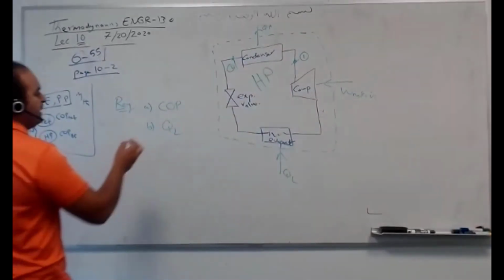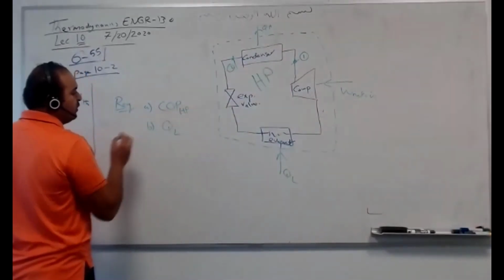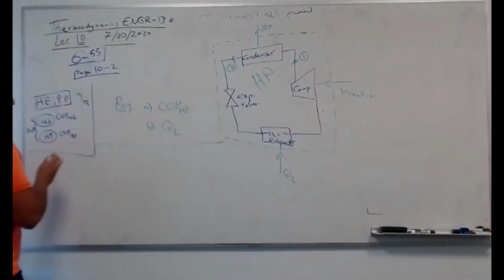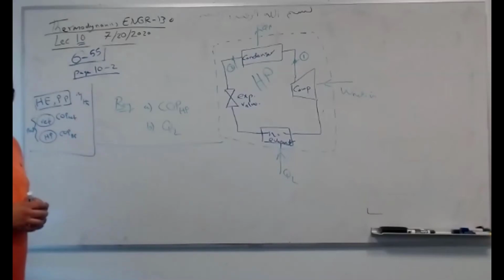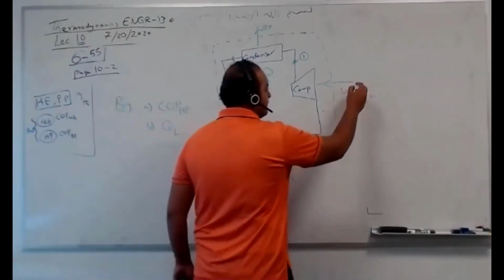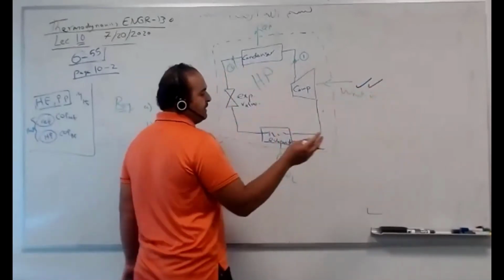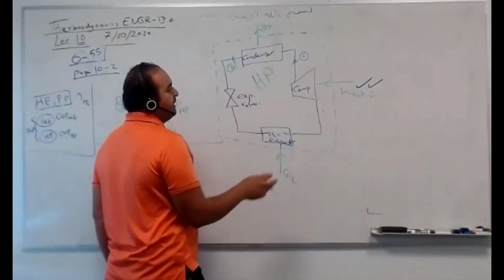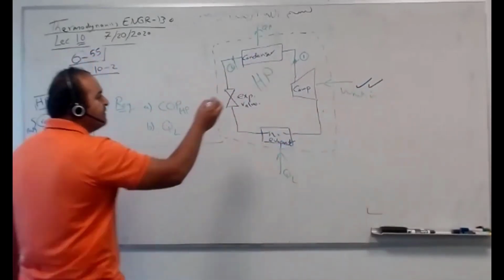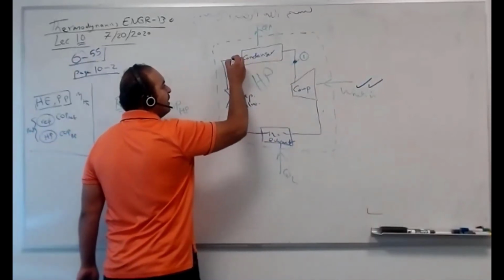He wants COP heat pump. He wants Q low. Unfortunately, I only have this. I only have one thing. I said to you before, we need 2 things. With this COP or one of the heats, I can get everything else. But he gave you everything here and everything here.